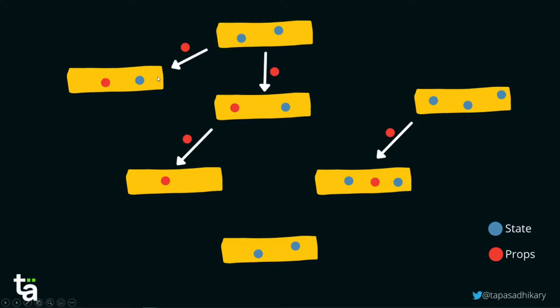That interaction is always through some data, some information. It has to pass some information to this component. This information will always be passed through something called props. You can think of this as simple as an argument to a function. If a component is a function, props are the arguments to the function, whereas these blue dot states are something within the component which we don't pass across components.